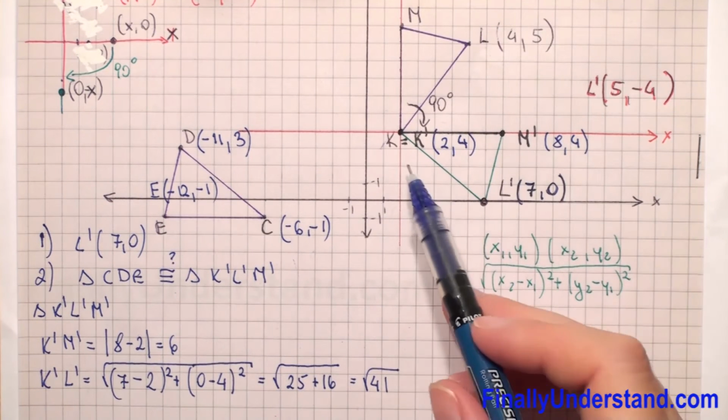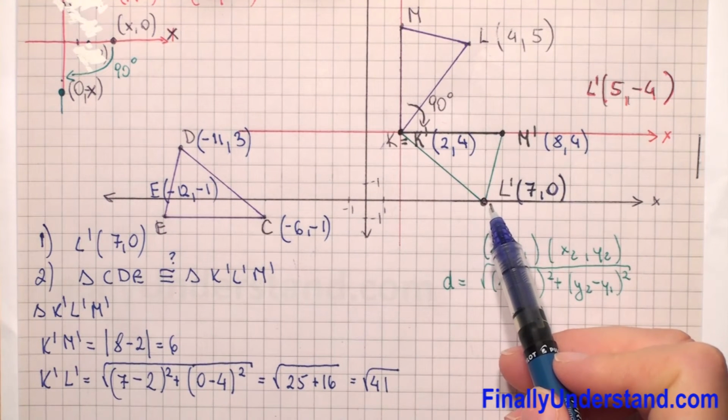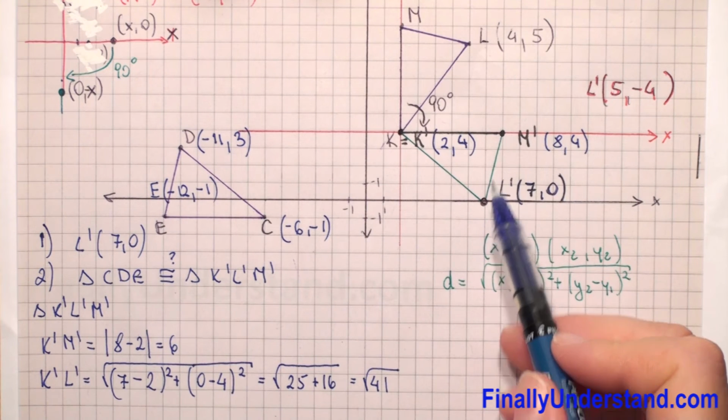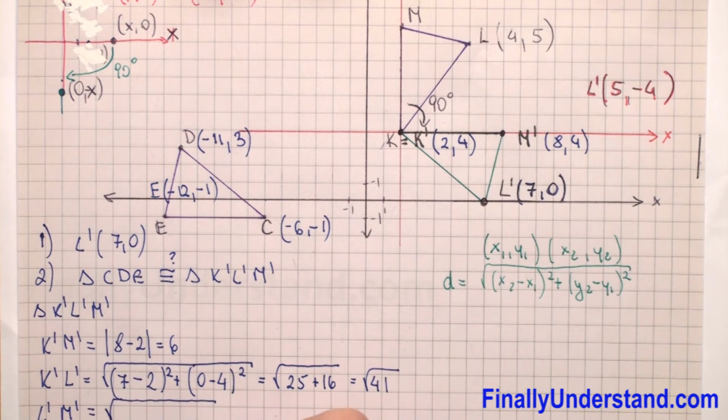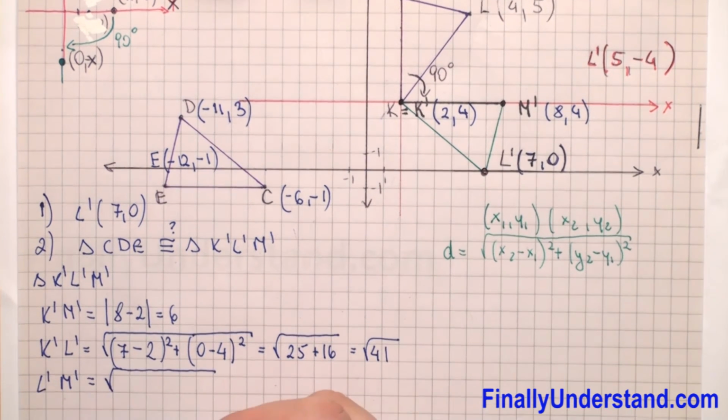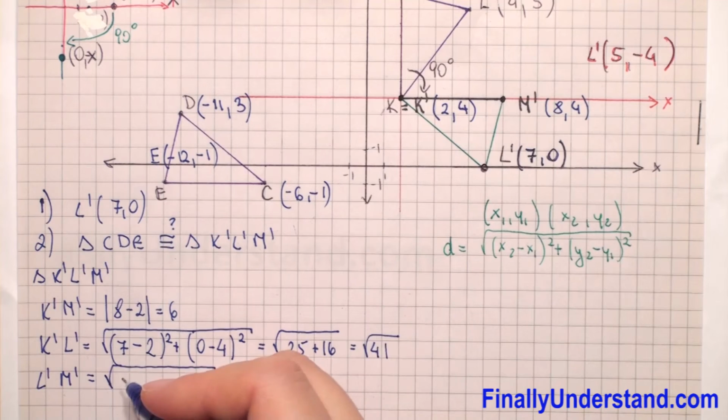We have K prime L prime, and now we will calculate the side L prime M prime. Again we have different coordinates, so we will use the distance formula between these 2 points.